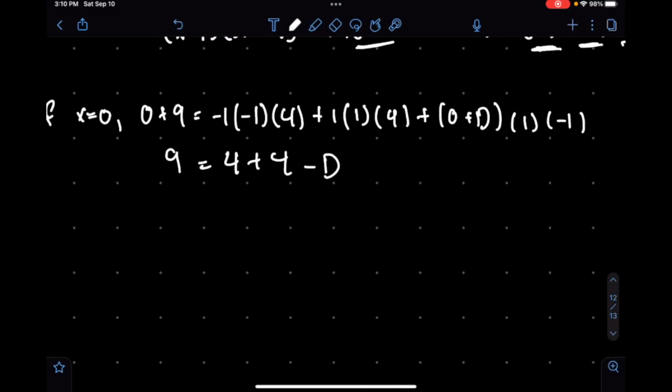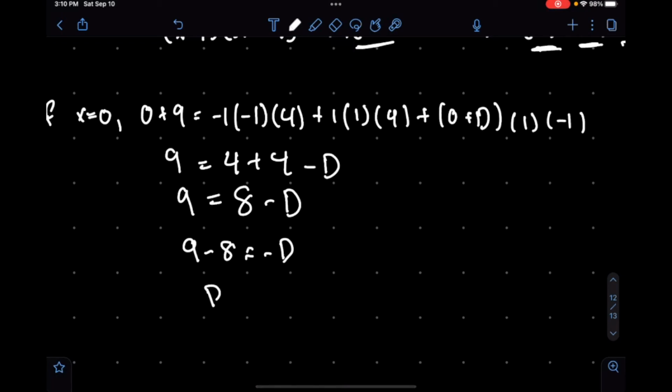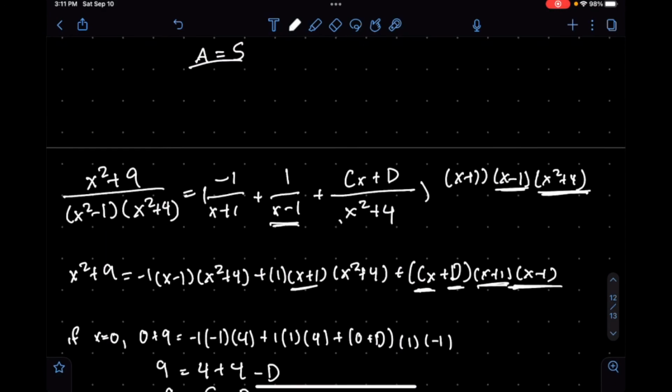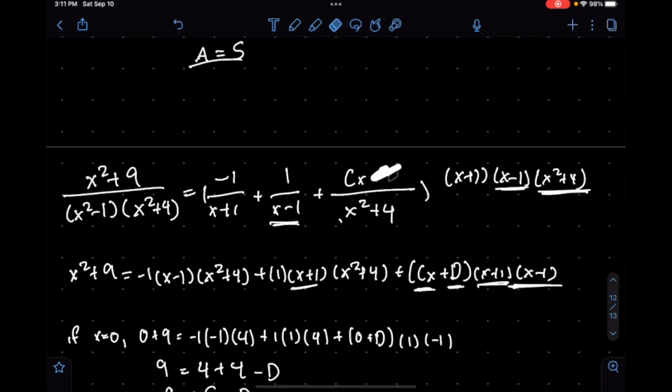So we get 9 equals 8 minus d. 9 minus 8 is equal to negative d. D is equal to negative 1. So we could plug that in up here, that d is equal to negative 1.